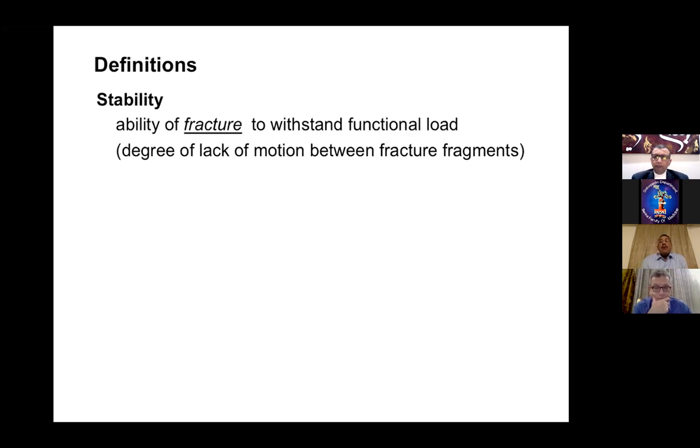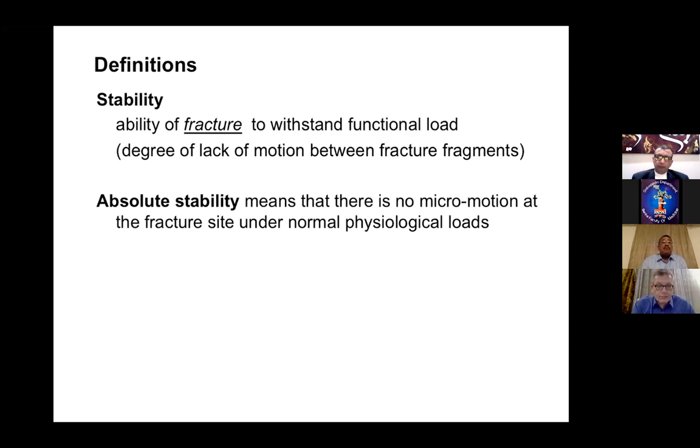Now we will talk about the stability. What is the stability? It is the ability of the fracture to withstand the functional load. It is the ability of the fracture to continue healing under this functional load. It is some degree of lack of motion between the fracture fragments. And as we all know, we have two types of stability.